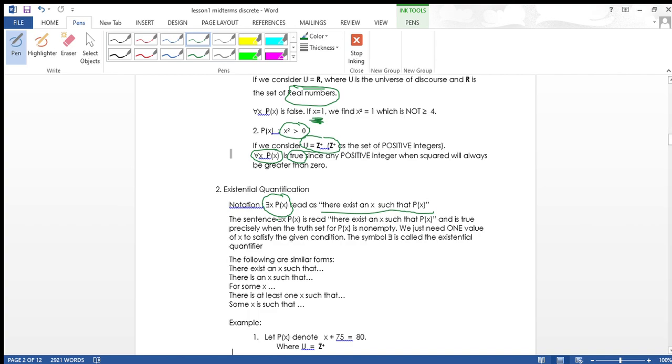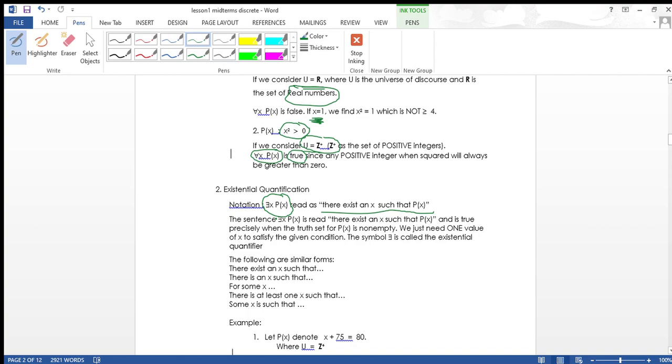While for the existential quantifier, you just need one value in the universe of discourse to satisfy the given function. Is that clear? For the universal quantifier, each and every element in your universe of discourse must satisfy the given function.